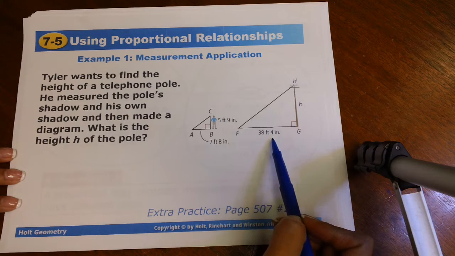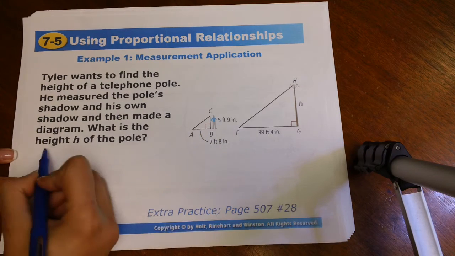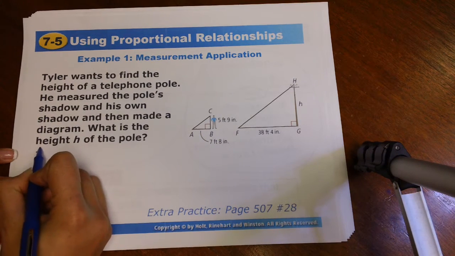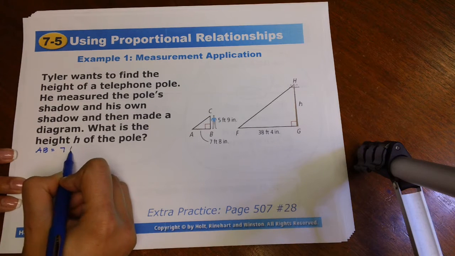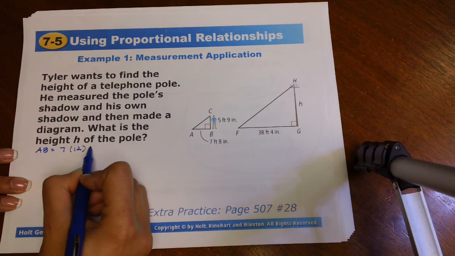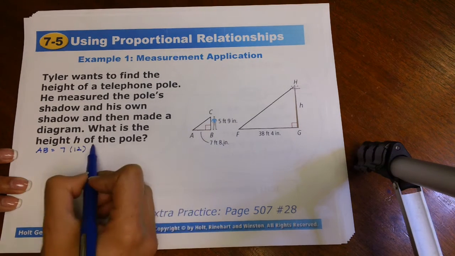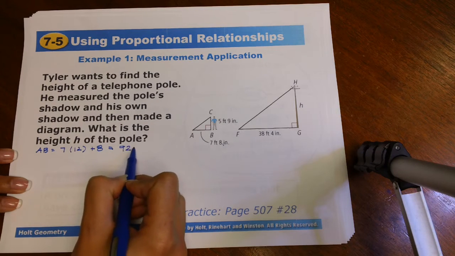Now, first thing we have to do is convert everything to inches. So I've got AB, which is 7 feet, and I'm going to multiply 7 times 12 to get my feet in inches, and then I need to add those 8, which is going to give me 92 inches.